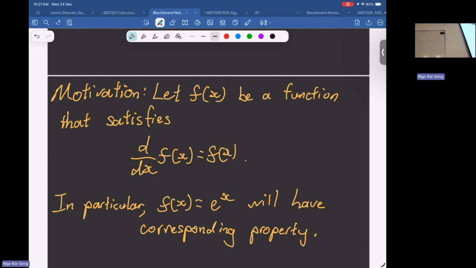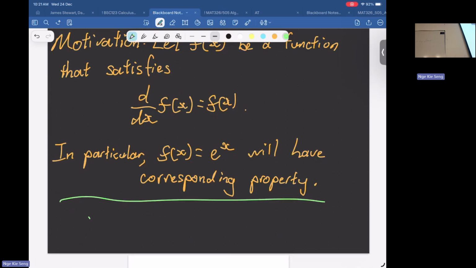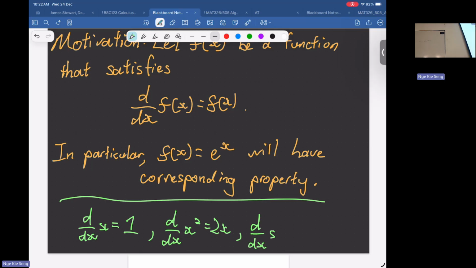Last time, you saw that when you differentiate a polynomial, it decreases in degree. For example, differentiate x squared, you get 2x, which decreases in degree. Or you saw that the derivative of sine x equals cos x.